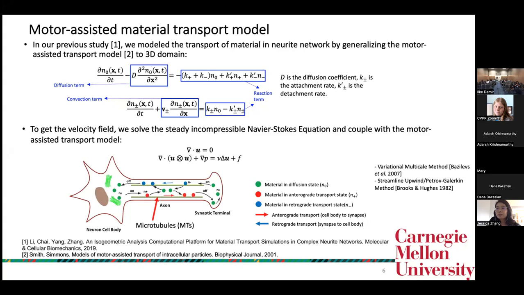Then we can accurately include the velocity information in the transport. In our solver implementation, to enable stability and convergence, we implemented a variational multi-scale method and also the SUPG method, so that can give us stable results in the numerical solver.